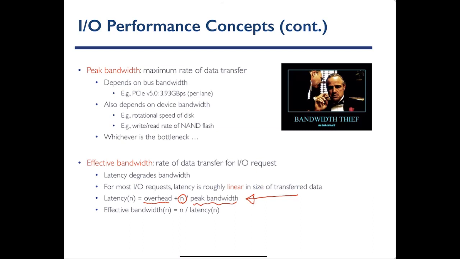Your total latency is the time you waited plus the time it took you to transfer the data when you process the request. So this is your total latency for transferring n bytes. Now, what is your effective bandwidth? Your effective bandwidth is the amount of data you transferred divided by your total latency.